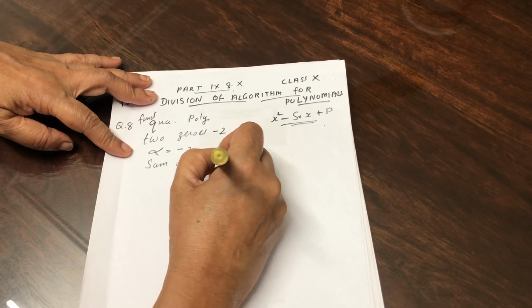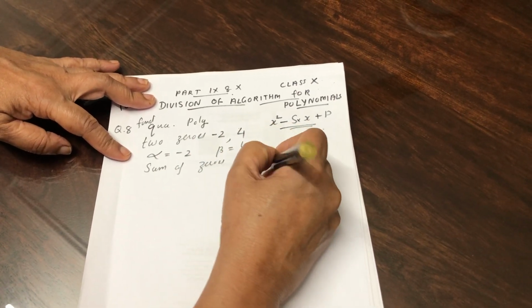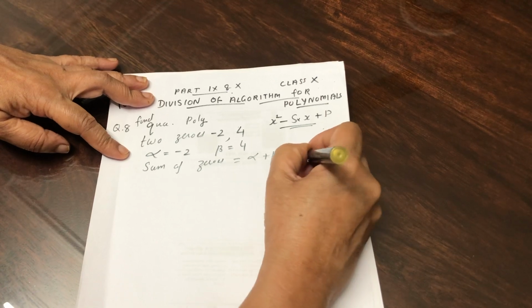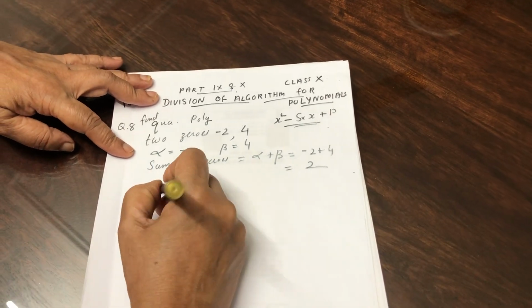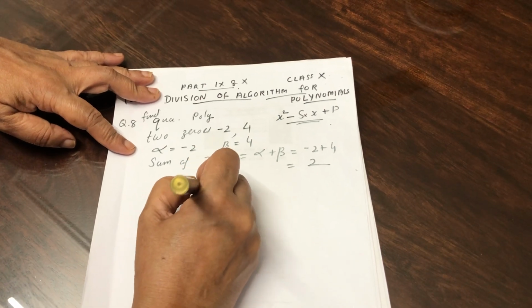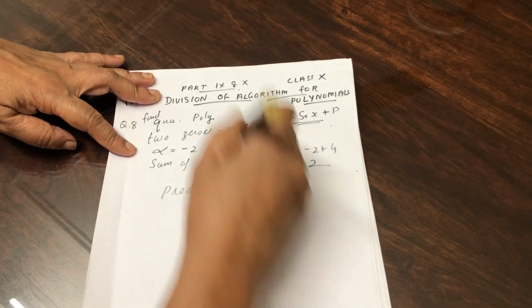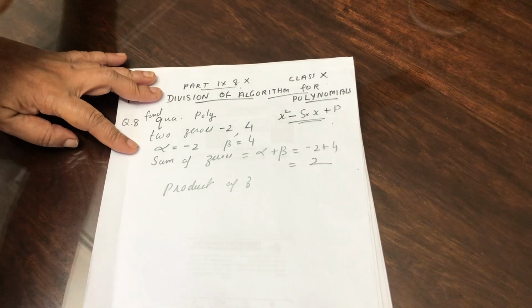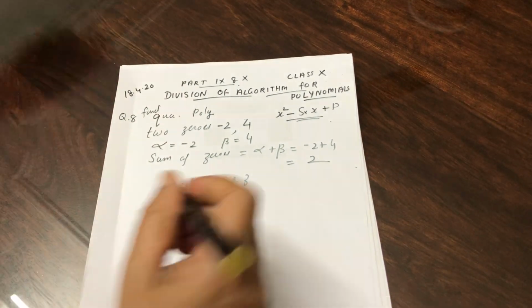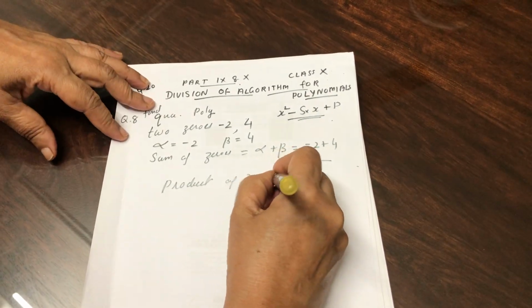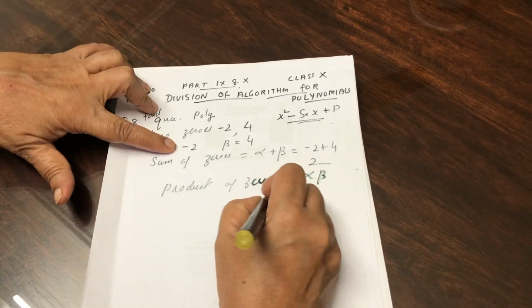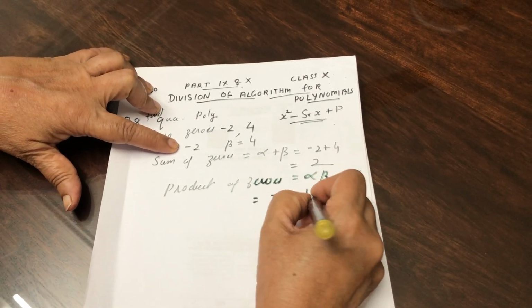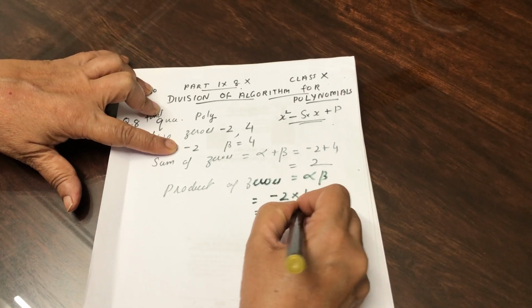Sum of zeros is alpha plus beta, that is minus 2 plus 4, which is 2. Then the product of zeros is alpha beta. Alpha is minus 2, beta is 4, so it is minus 8.